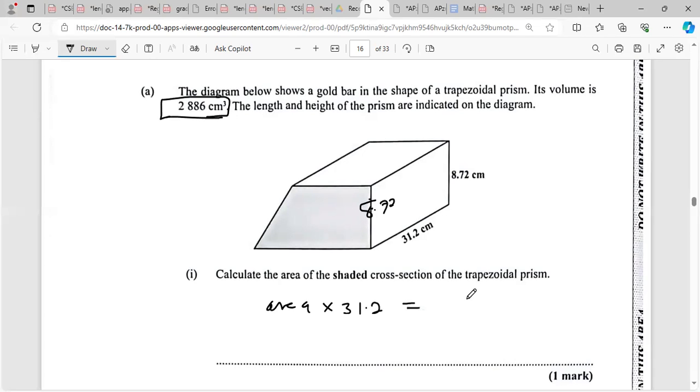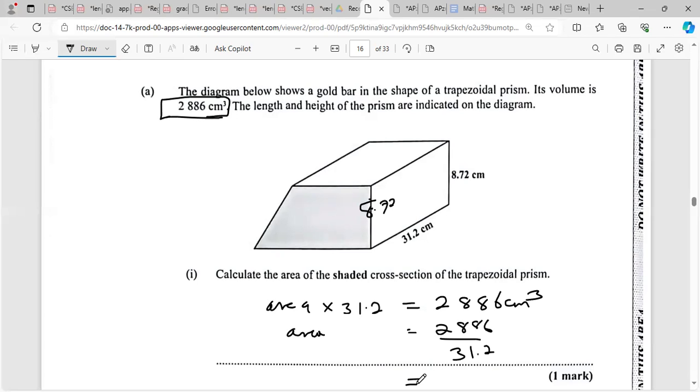So all we have to do, in order to get the area rather, is divide the volume by that. So that'll be 2886 divided by 31.2. Let me see what I get.